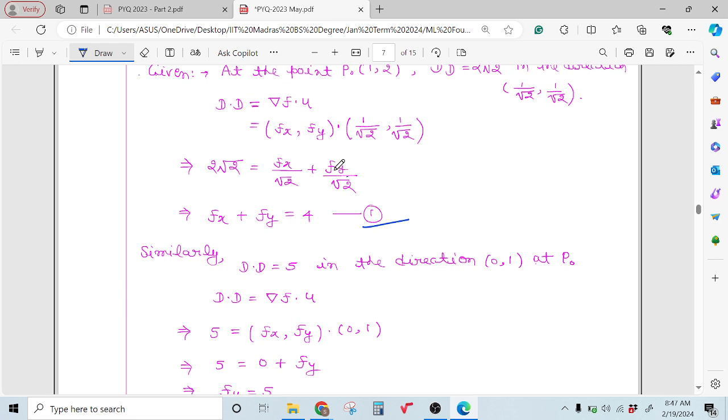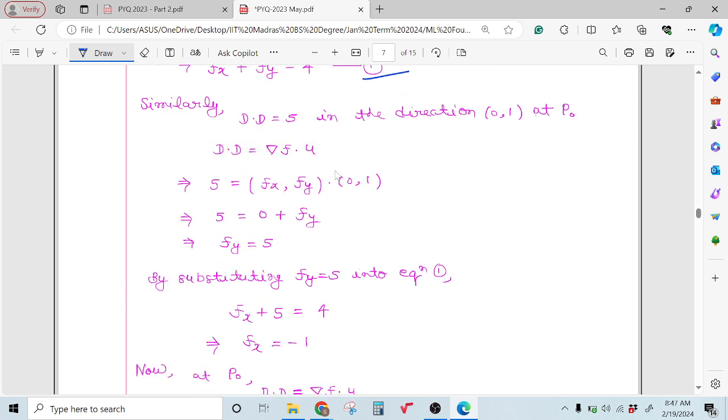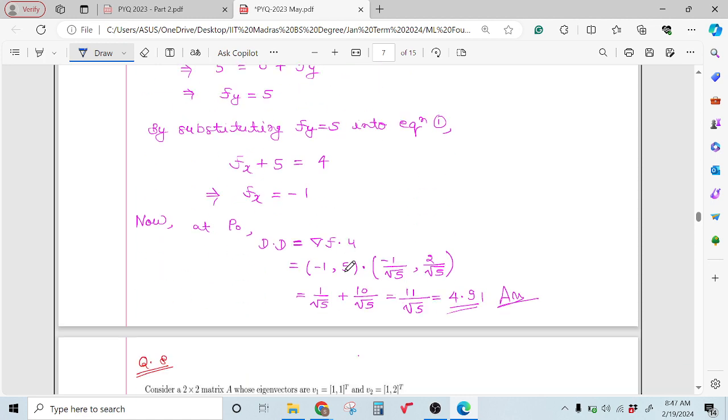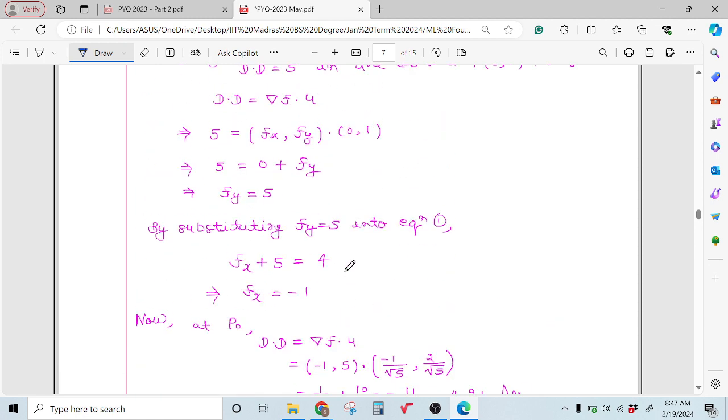So we take the dot product and calculate fy is equal to 5. By substituting fy equal to 5 into equation 1, we get fx equal to minus 1.